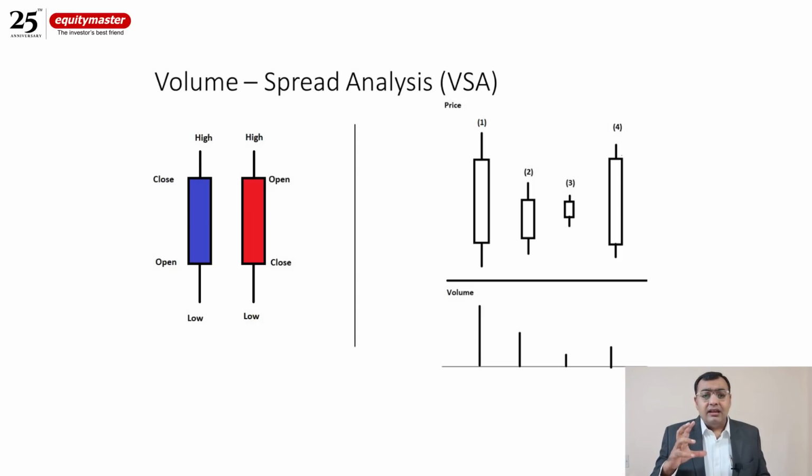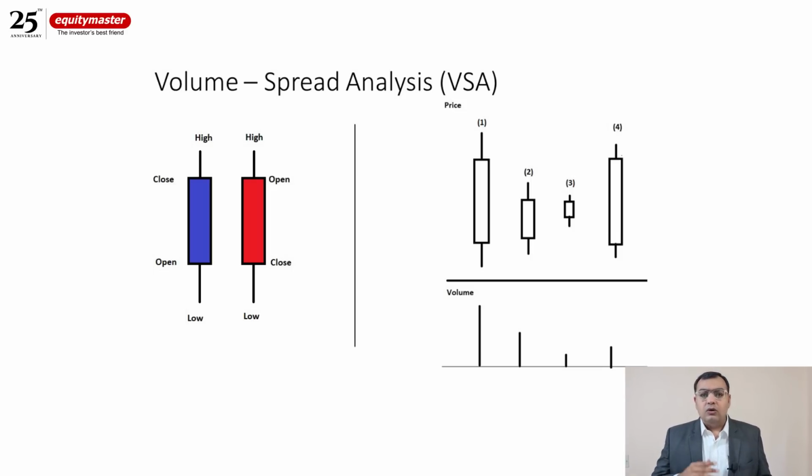And even if the body is smaller and you see the wings, which is the difference between the highs and lows, the upper part of the body is the wing towards the high, and the lower is towards the low. If the wings are big and the body is small, it means the bulls and bears had a tug of war during the day, or the hour, or the week, whatever time frame of the chart you are using.